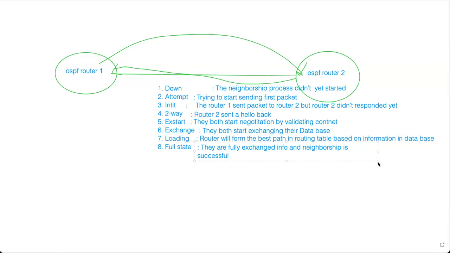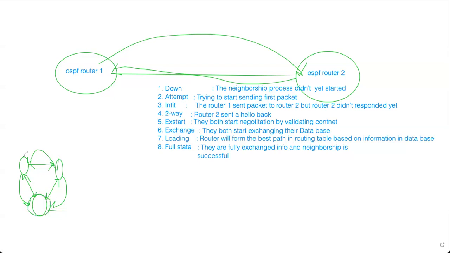So let's say three routers. This one forms the neighborship with this guy, this one wants to form the neighborship with this guy, and this one wants to form the neighborship with this guy in OSPF, right?